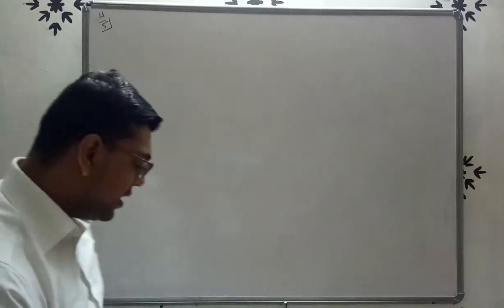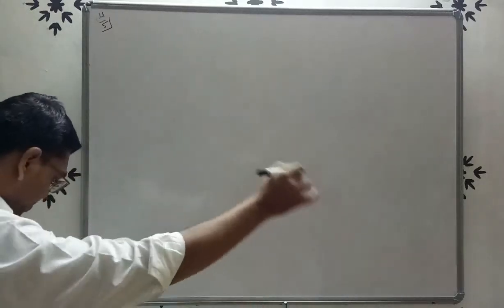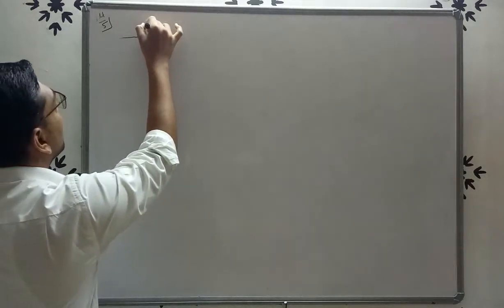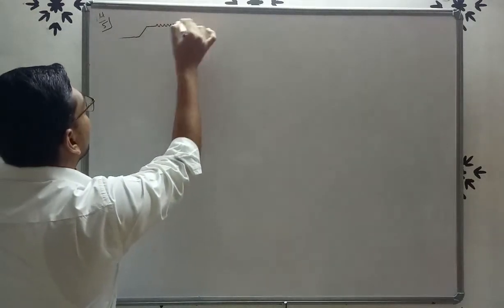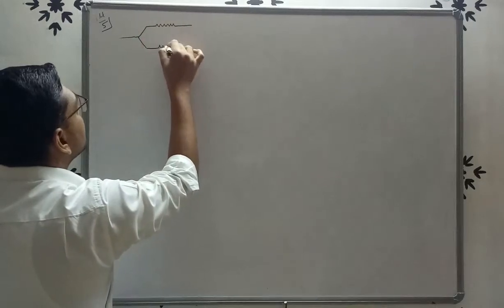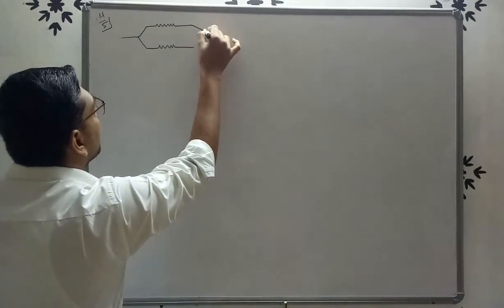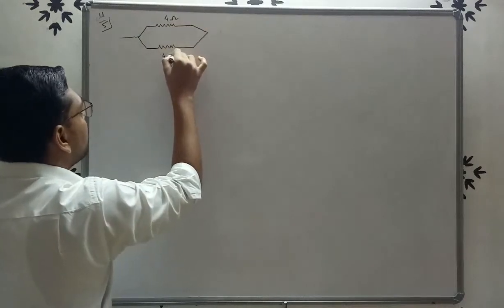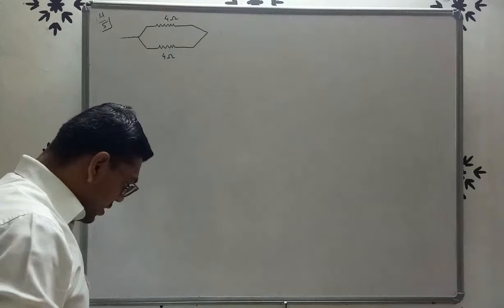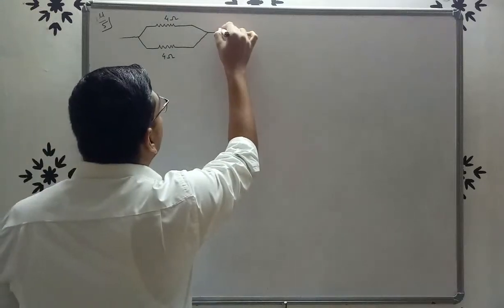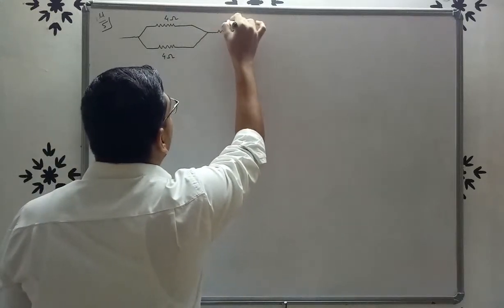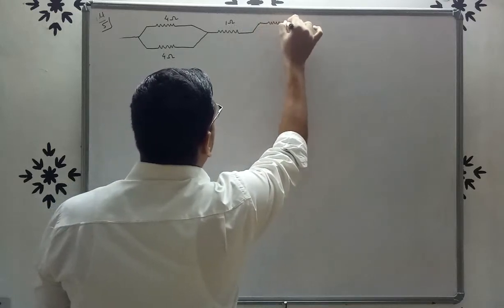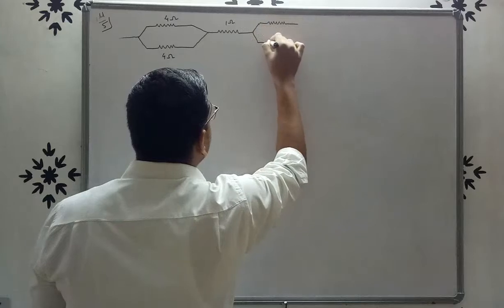Right? So here the circuit will be like this. This is the first resistor, this is second, like this is 4 ohm, this is also 4 ohm, then 1 ohm, 1 ohm, and again there are another 2 resistors like this.